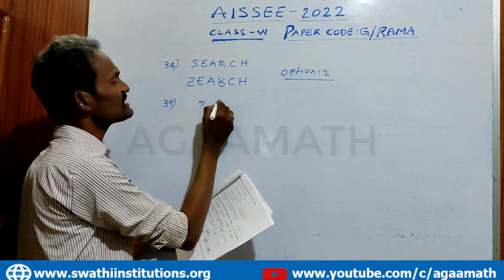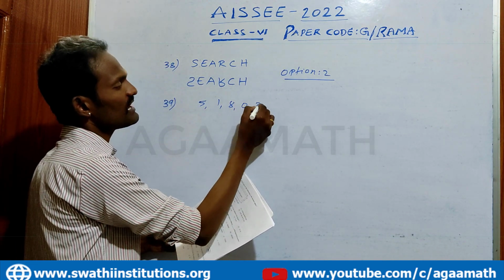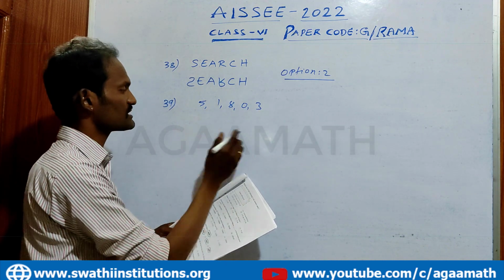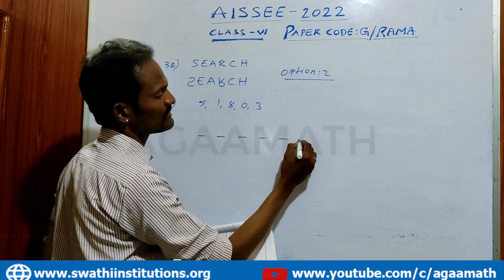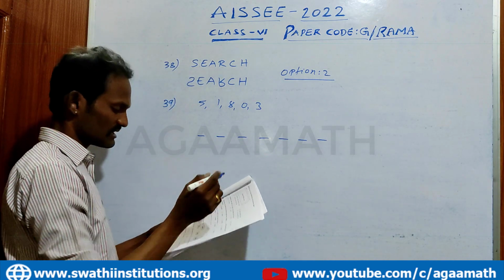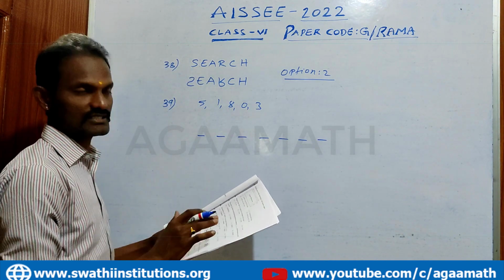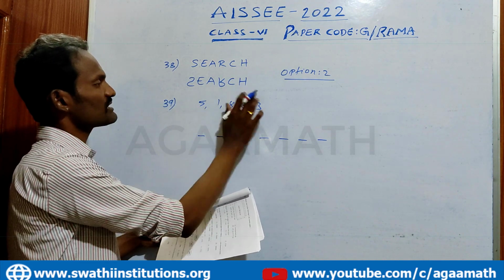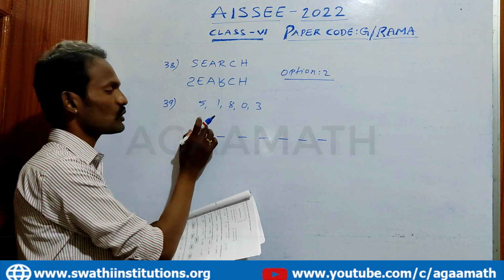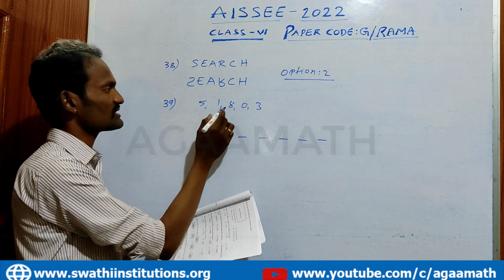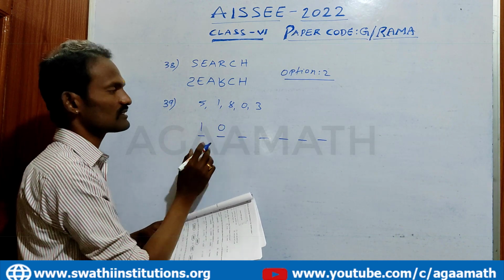Means using these digits we have to form a 7-digit number. 7 digit means, let us see, 1, 2, 3, 4, 5, 6, 7. So 7-digit number, but it should be the smallest. Smallest means you have to begin with the smallest digit, but no number begins with a 0. So I just put 1 here and here 3, 0.